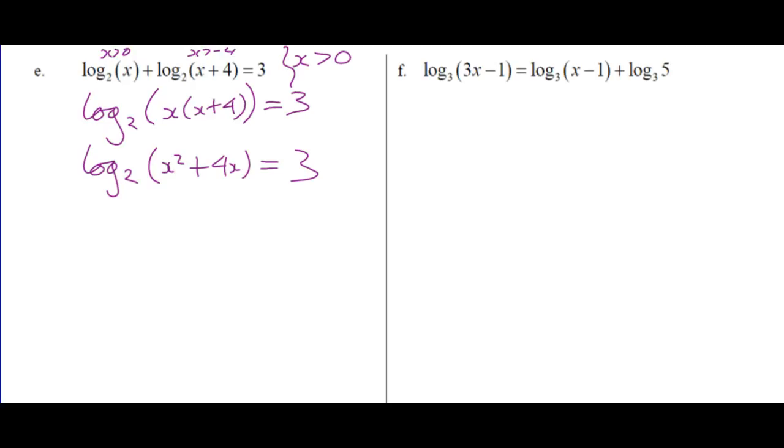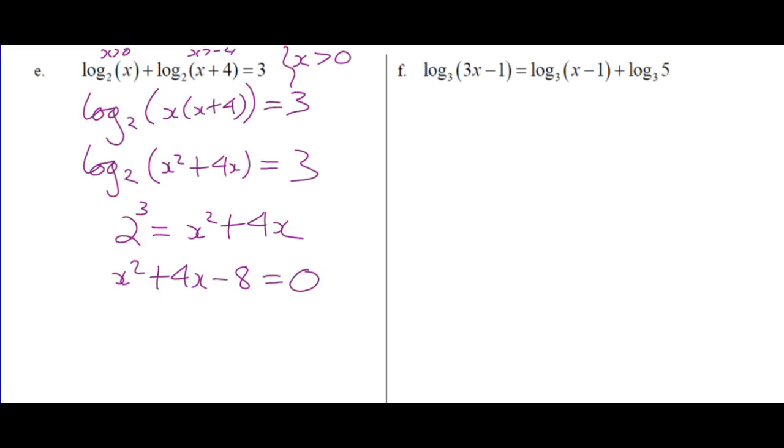What's next? Change it to exponential form, right? So it becomes 2 to the 3 is equal to x squared plus 4x. So we get x squared plus 4x minus 8 is equal to 0.